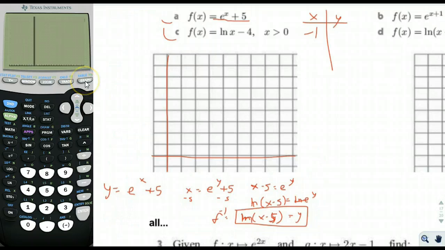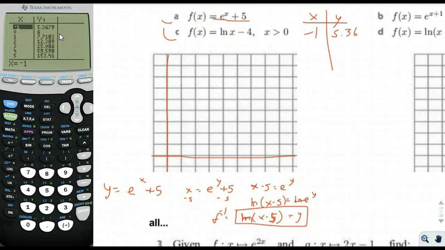So let's graph that. Okay, and then we'll look at the table. So negative 1 will give us 5.37. And then 0 would give us 6.